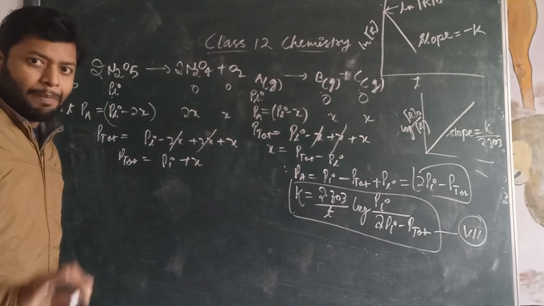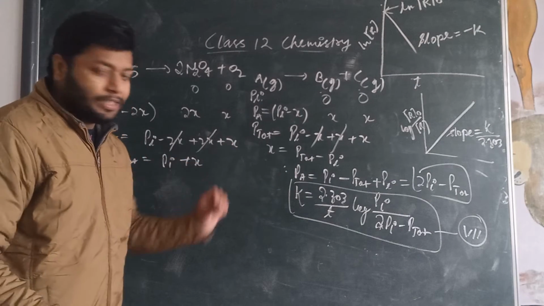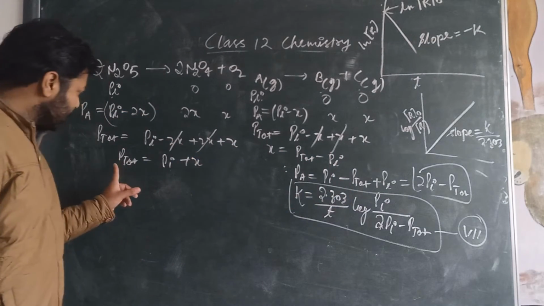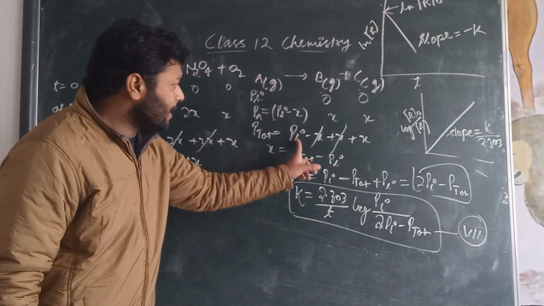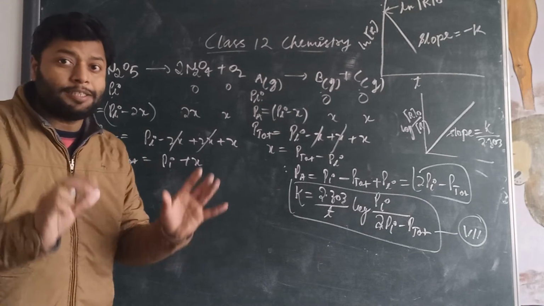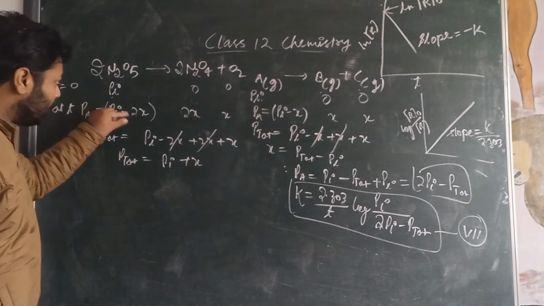I think you are wondering, sir, the same value is here also. x equal to P total minus Pi. Sorry, here Pi plus x, and here also P total equal to Pi plus x. So what is the difference now? The difference is on putting the value of x in this formula.